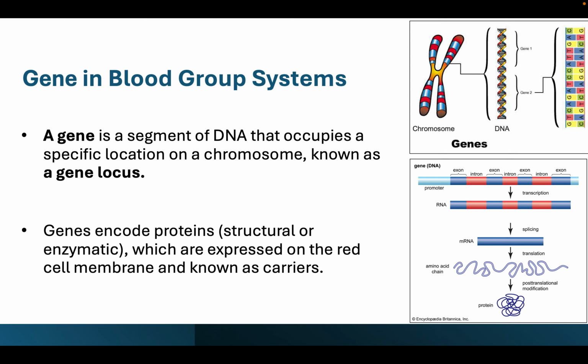In both ways, we call them a carrier, which is expressed on the red cell's membrane. So if the gene encodes the protein, it will be on the cell membrane and carry the antigen. If it encodes the enzyme, it helps to synthesize the carbohydrate on top of the protein or on top of the lipid, and it carries the blood group antigen.